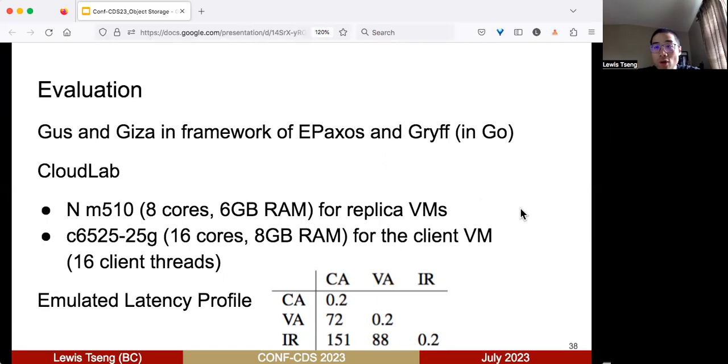Because we want a more well-controlled latency profile, we add artificial latency between machines, and we simulate three servers, one in California, one in Virginia, and one in Ireland. This is the same profile used by Grief. And here is the latency between different locations, in milliseconds.